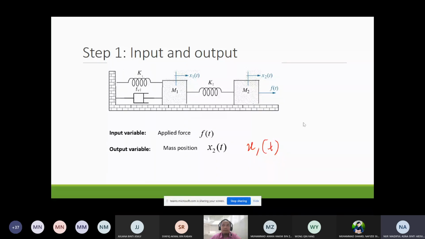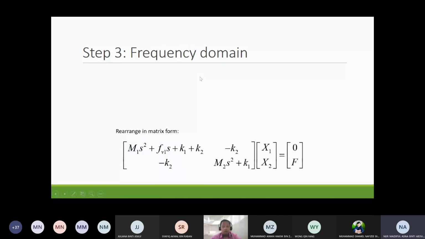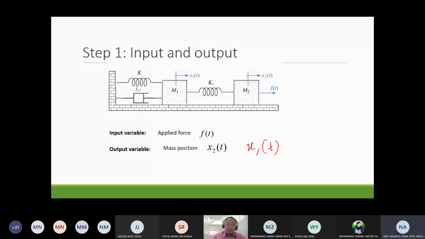Okay, so let's look at how to draw the free body diagram. So the free body diagram, you need to draw it yourself. Okay, so we have two masses, M1 and M2. So let's look at the first mass first. Okay, the M1. So on M1, we have three forces or four forces acting on the body. Okay, so first is the spring K1.